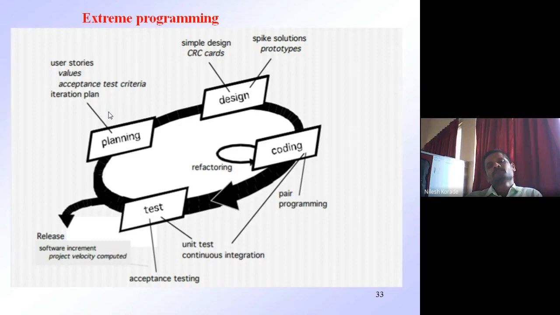Again your customer will assign some values based on his business need to that story, and the developer will assign values based on the development time required to write source code for that story. So this is the planning phase. In this planning phase, you are asking your customer to write stories, and you are assigning values based on your business plan to those particular stories.